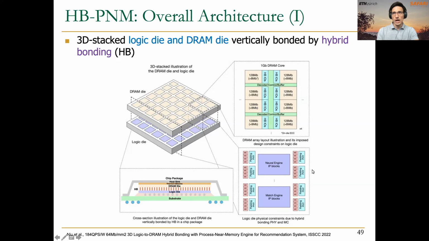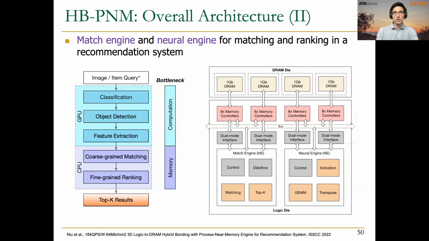In the logic die, they incorporate not only the necessary memory controllers to access DRAM, but also some IP blocks that are called neural engine and match engine, and they are specifically designed for the recommendation system that they have implemented.